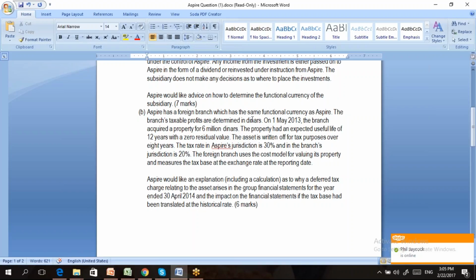Depreciation will be over a period of 12 years, so depreciation in dinars will be 500.